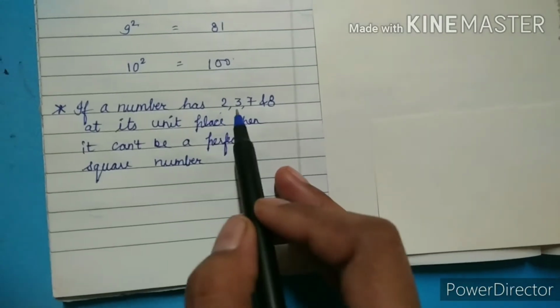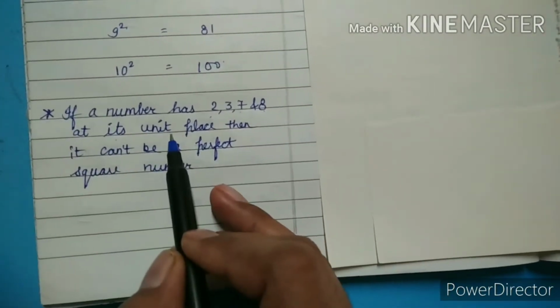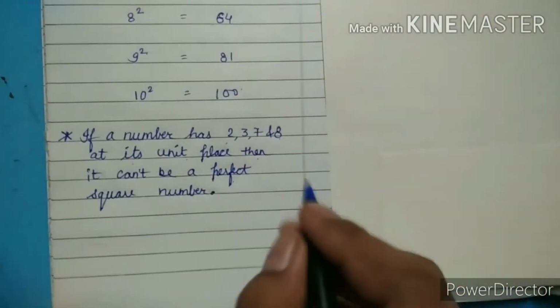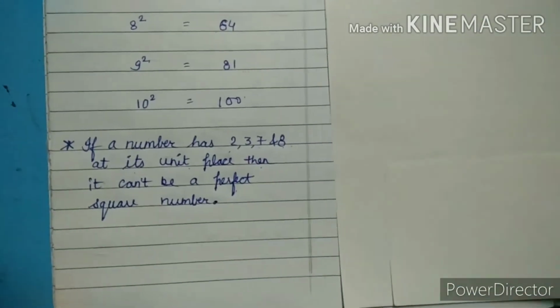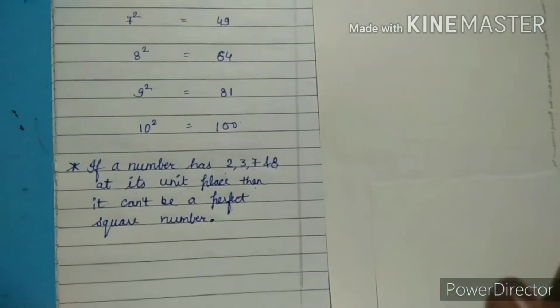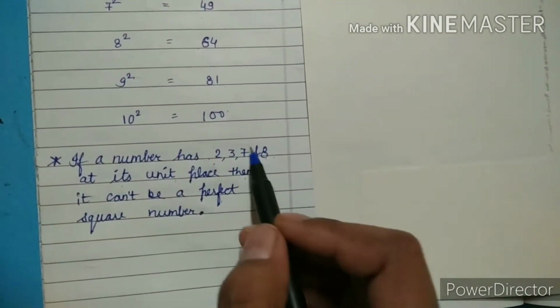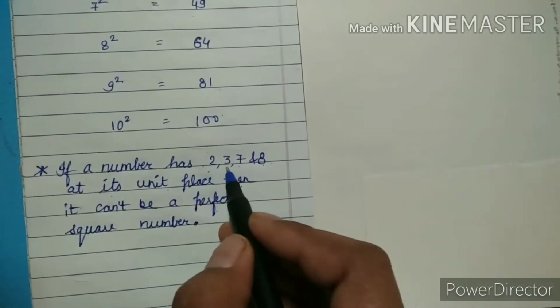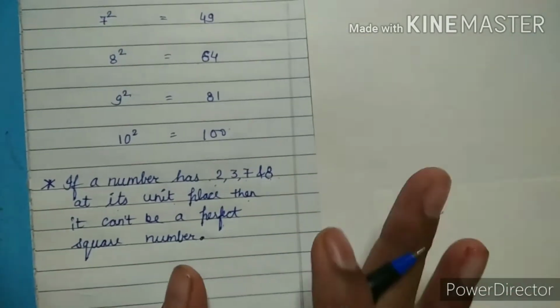That's why if a number has 2, 3, 7 or 8 at its unit place, it cannot be a perfect square number. We can directly say they are not perfect squares. If we have 1, 0, 4, 5, 6, then we have to check, but for 2, 3, 7, 8 we can say without checking.